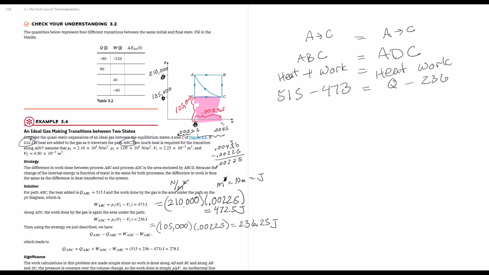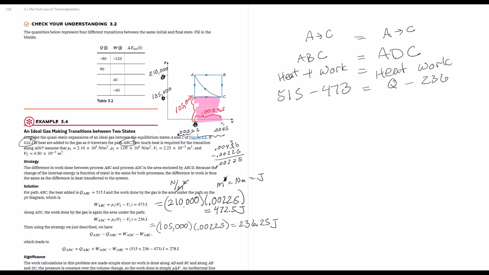Again, both of them start at A and end up at C, so at the end of the day we have to end up with the same picture. We're given the heat for the first path, and we can find the work for each of the two paths using the graph.